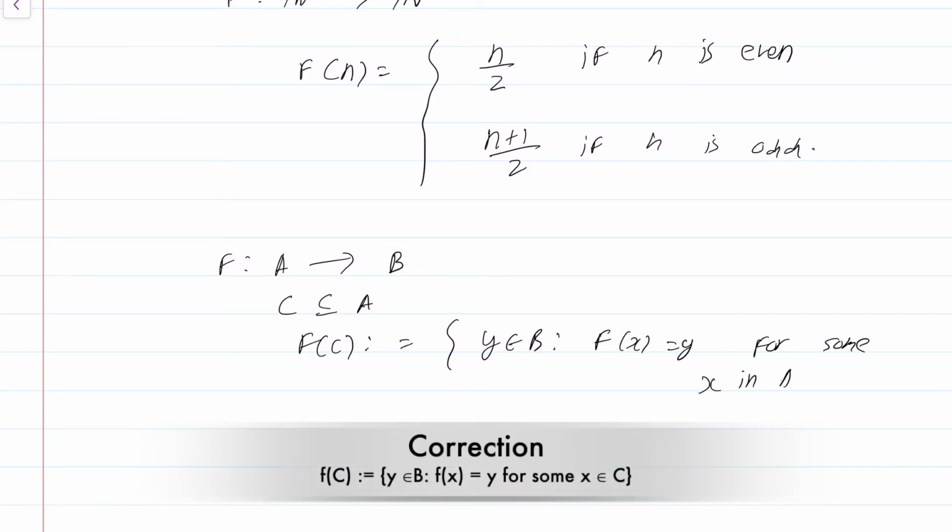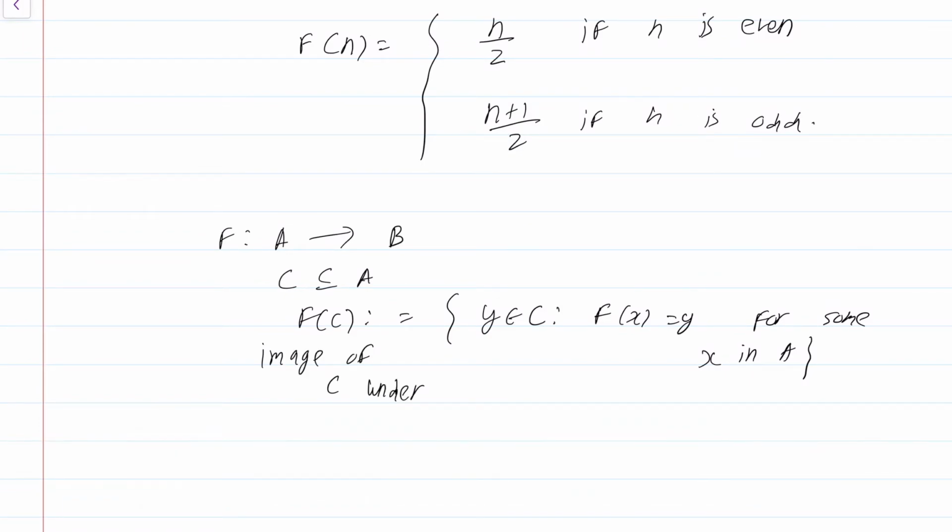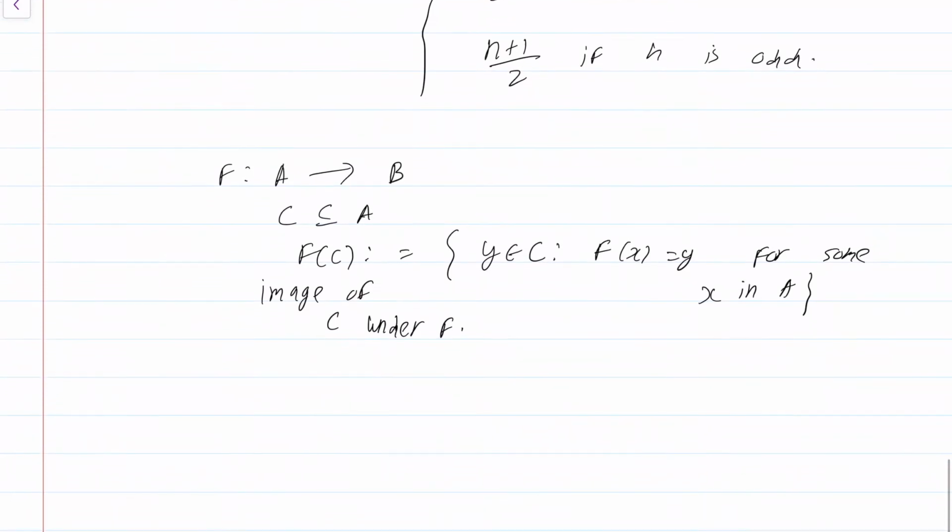Okay, this is called the image of C under F. Similarly, we have something called the pre-image.